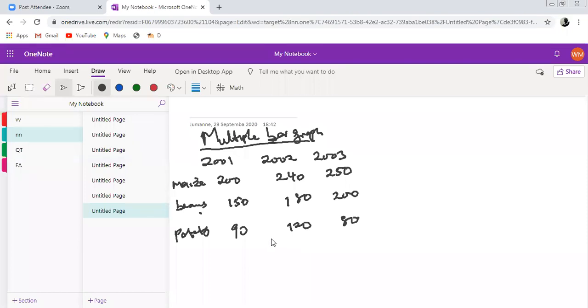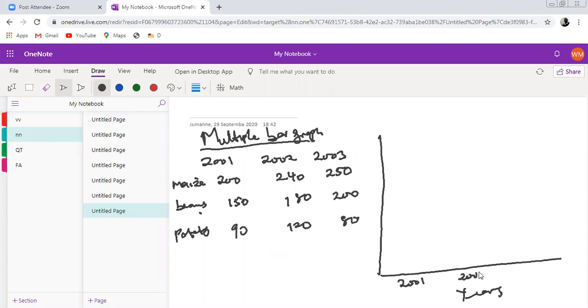With the multiple bar graph, you need to come here and draw them this way. So this will be our case. We are going to have years here: the year 2001, 2002, 2003.